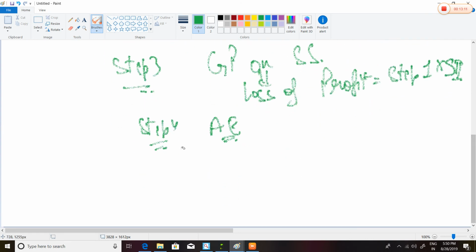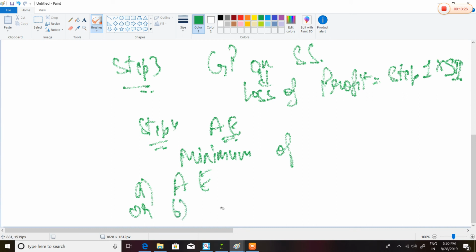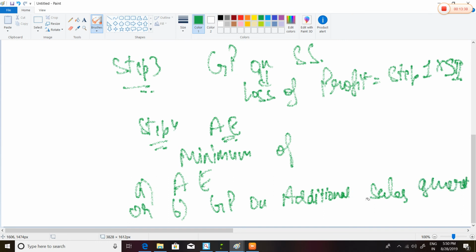It will be the minimum of A part, actual expenses, or B part, GP on additional sales generated by additional expenditure.